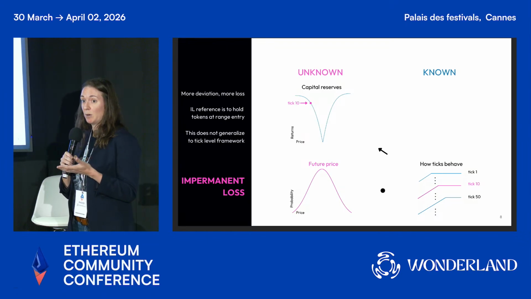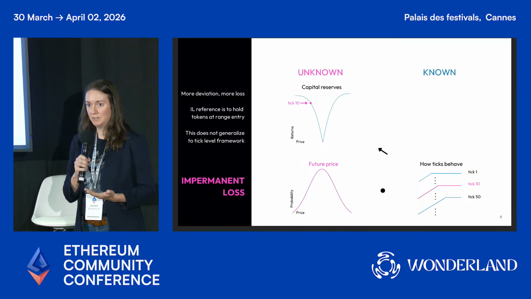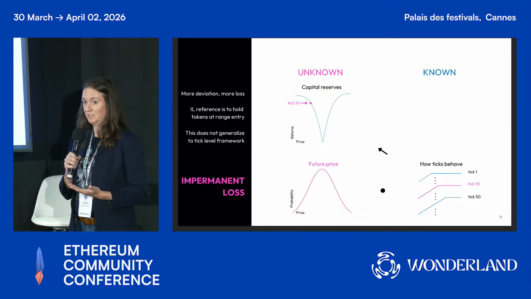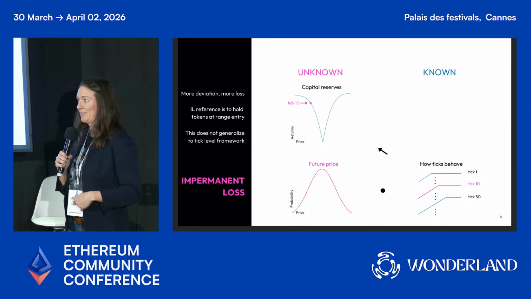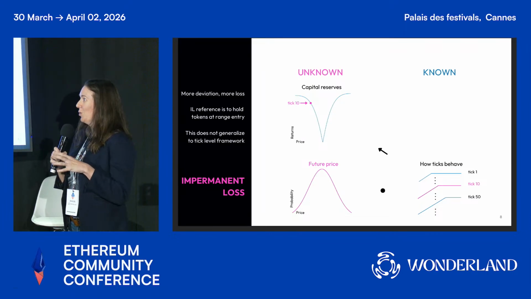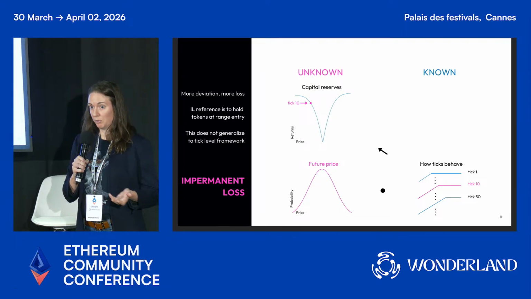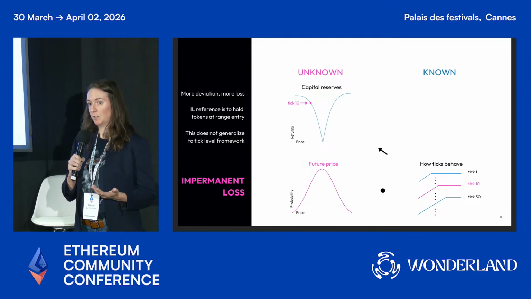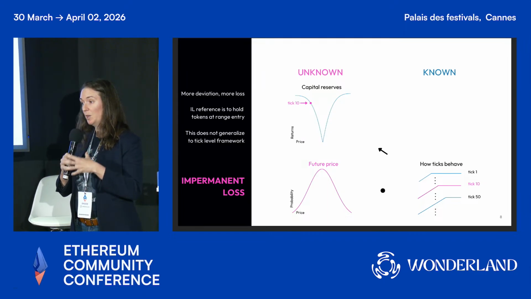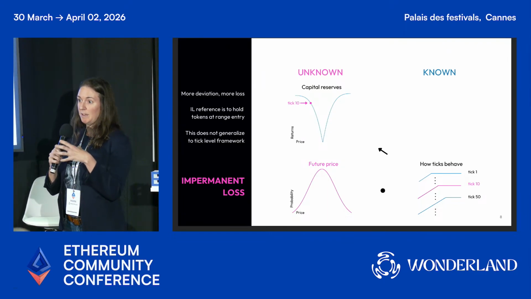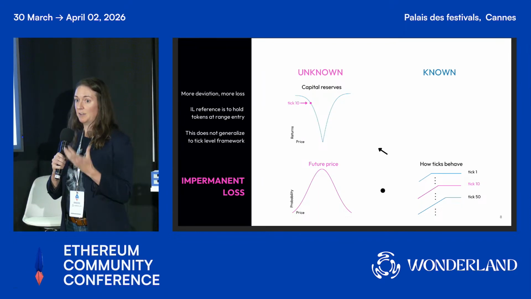But if we're moving away from ranges, impermanent loss doesn't generalize. So we're going to instead talk about capital reserves. Think of capital reserves as how much the value of my assets, of my capital, changes before and after I enter the LP position.